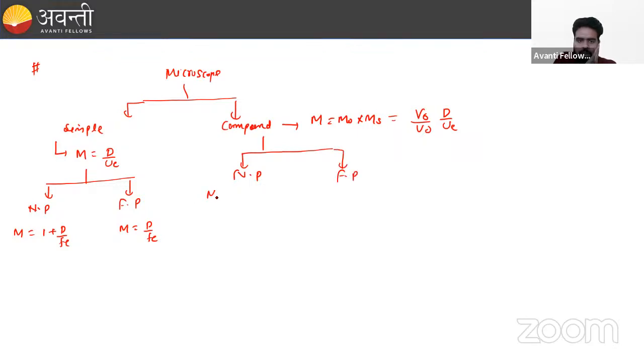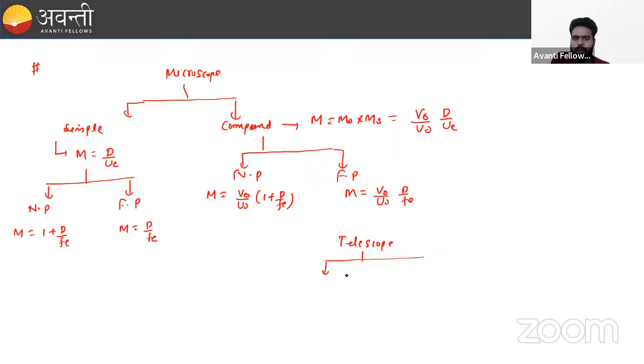In the near point, this magnification will become v naught u naught into 1 plus d upon Fe. For far point, this magnification can be written as v naught u naught into d upon Fe. When nothing is mentioned and object distance is not given, we can replace the vo by L and u by fo.